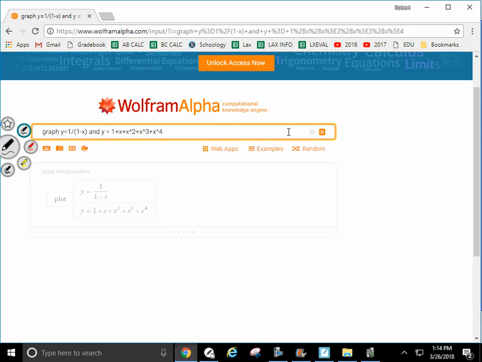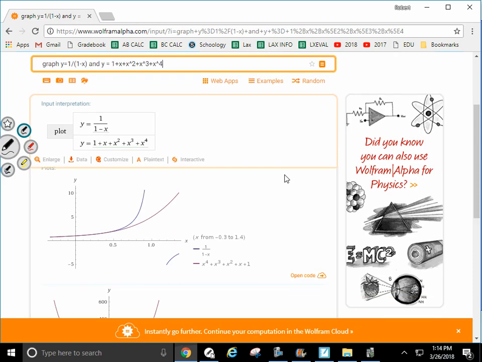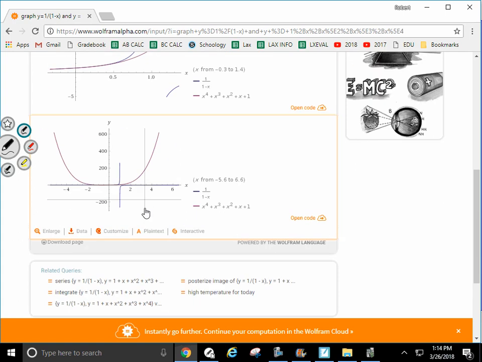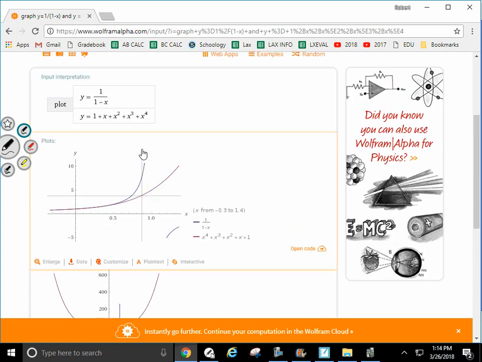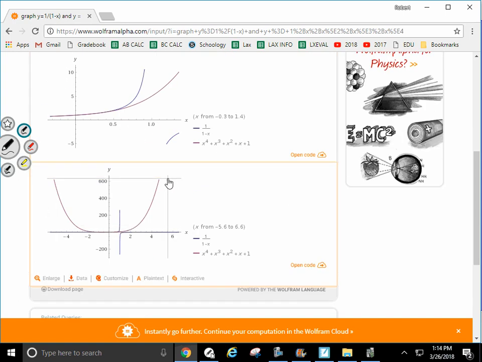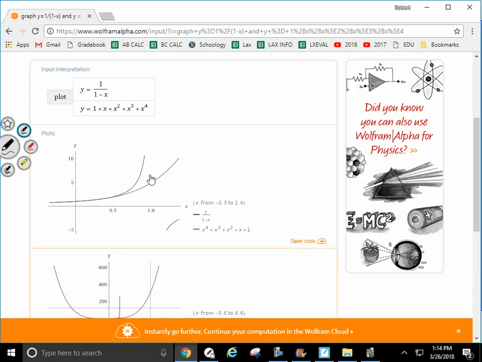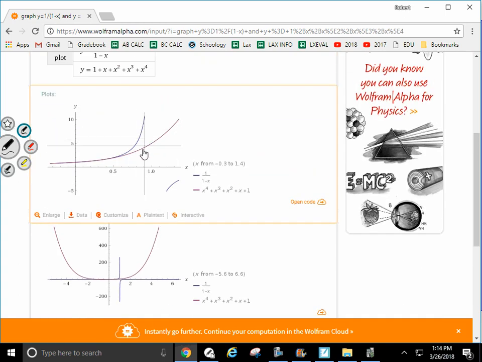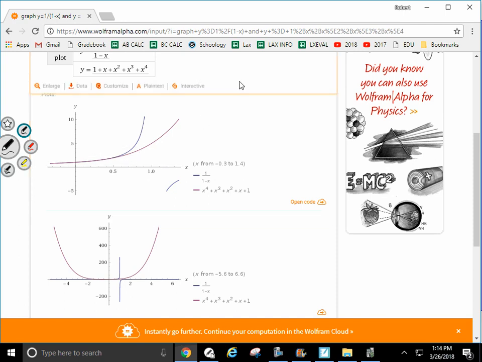All right, what do we notice? So here is 1 over 1 minus x, and here's the graph of my polynomial right here in purple. Okay, this is horrible. Not what I wanted. It's probably better in your calculator, but let's see. We kind of see it does a good job, but after around 0.5, it kind of goes off of it.